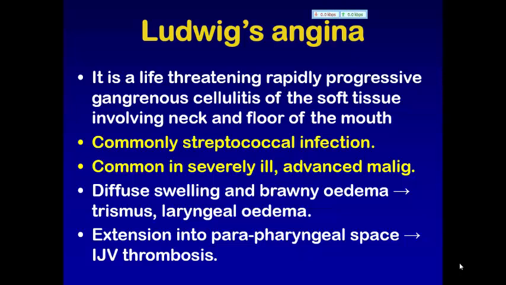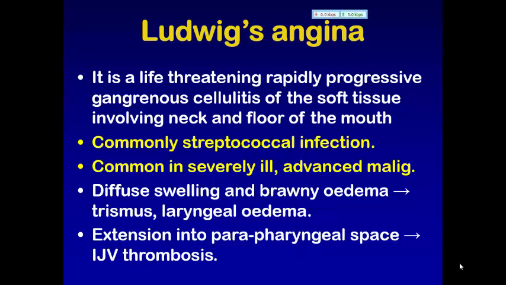Extension of infection into the parapharyngeal space may lead to dreaded internal jugular vein thrombosis, which also is life-threatening. As the infection is deep to the deep fascia in a closed fascial plane, it spreads very fast, causing dangerous complications. So one of the risks is its rapid spread.